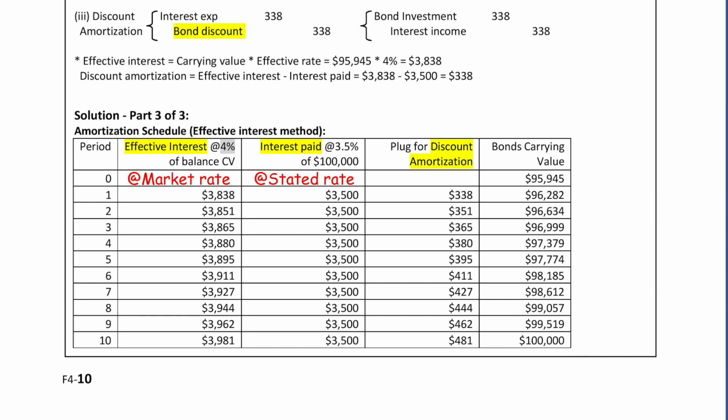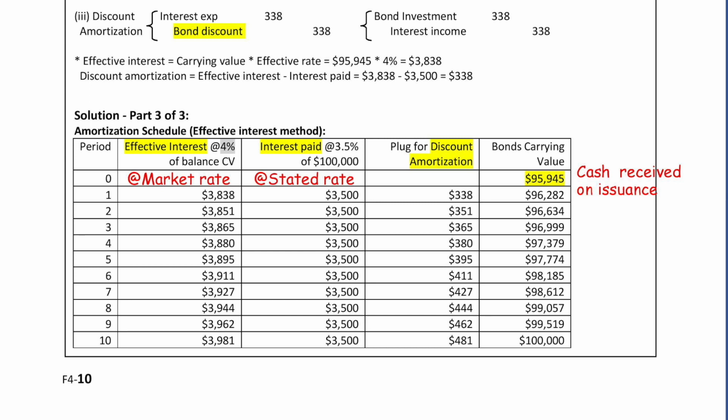The last column is bond carrying value. Highlight 95,945 and right there write cash received on issuance. So we're going to increase the bond carrying value every period such that it gets to $100,000 at maturity. The gap, that's 4,055 of bond discount, is going to be amortized.